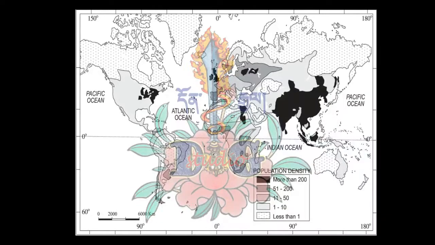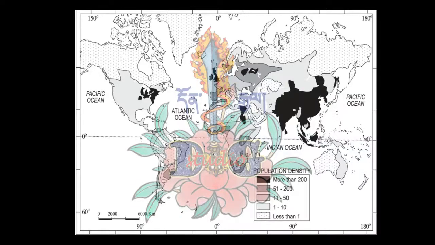And finally, if you look at the key itself, the dotted one, less than 1% per square kilometers. All the dotted ones show the density of population is very, very low in these regions. So this particular map tries to give the information regarding the density of population of the world.